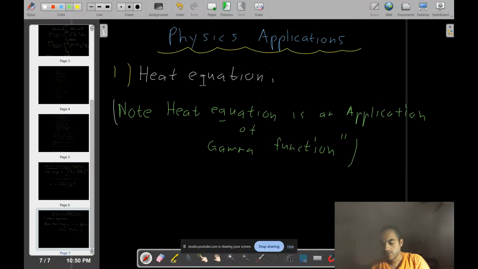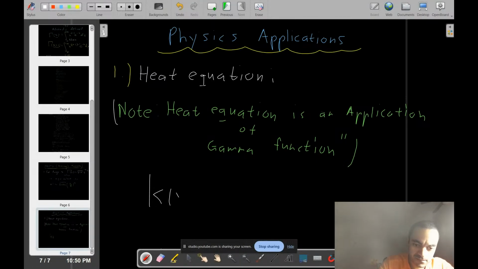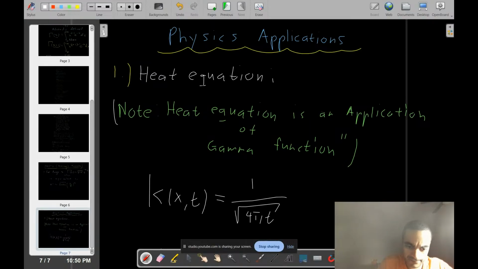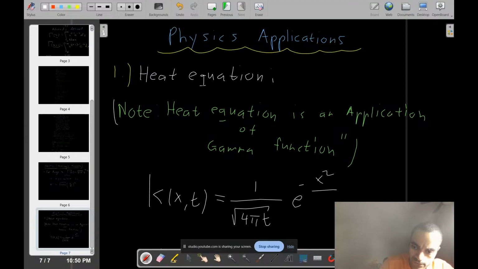Okay, the heat equation is the following. Capital K of x comma t, a function of t, is equal to 1 over the square root of 4 pi t, times e to the negative x squared all over 4t.